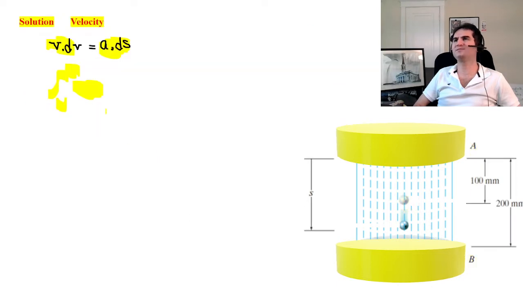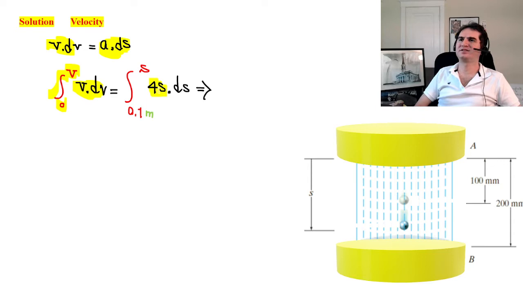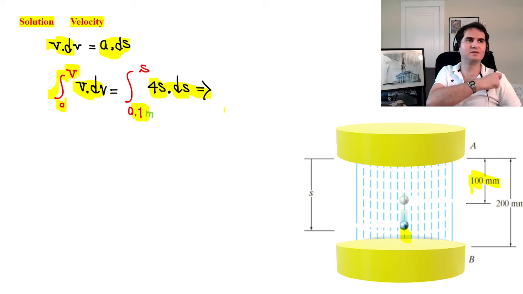We just replace the acceleration in the formula. S goes from the midpoint, which is 0.1 meter, to s. We don't know exactly where it barely reaches the ground.